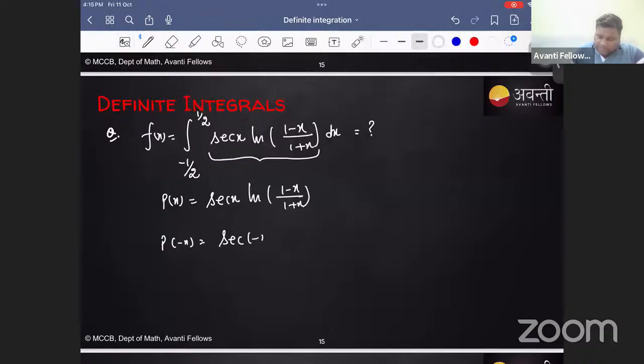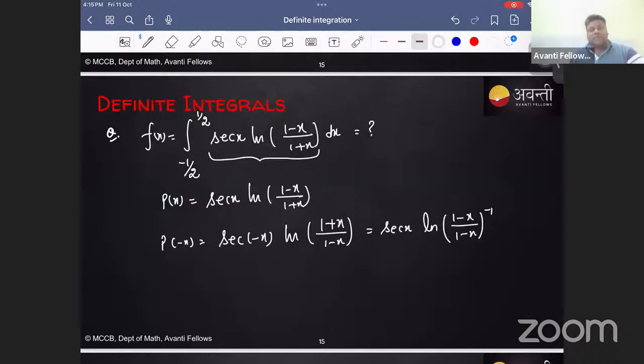P of minus x will be secant of minus x ln of 1 plus x upon 1 minus x. See, secant of minus x is secant x and it will become ln of 1 minus x upon 1 plus x whole to the power minus 1.